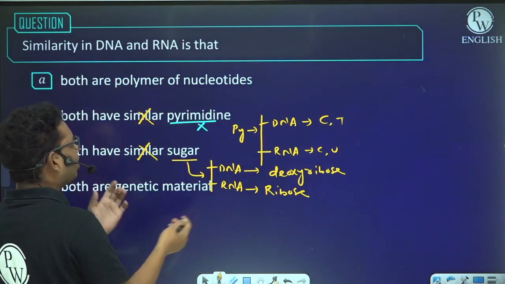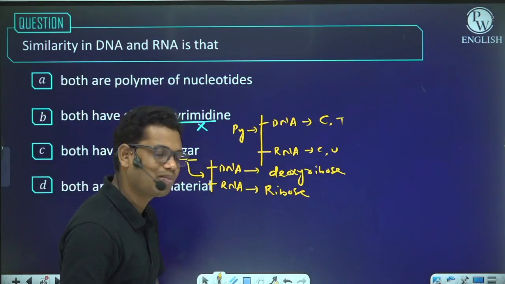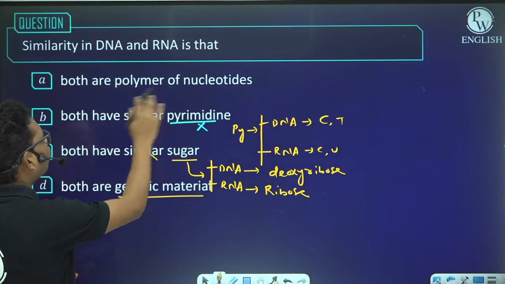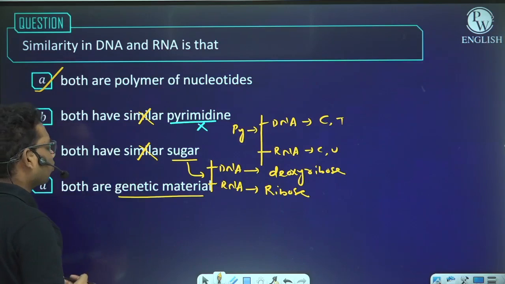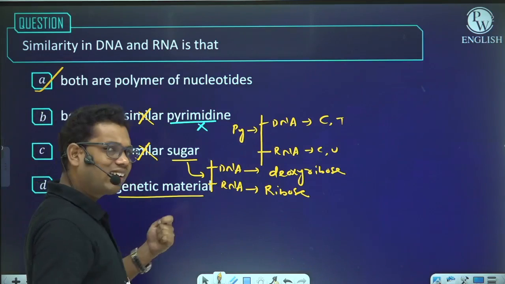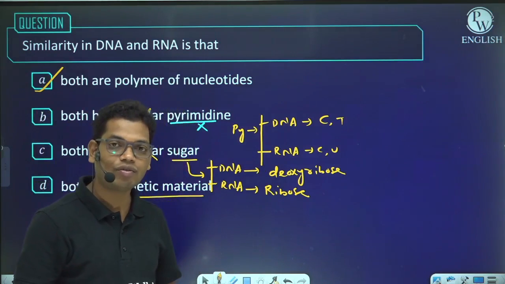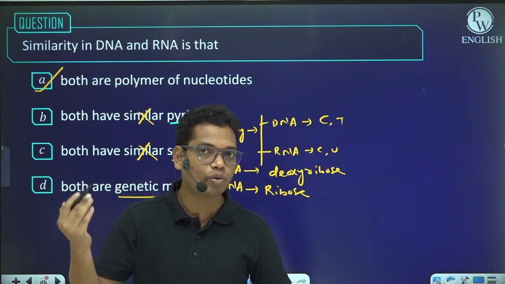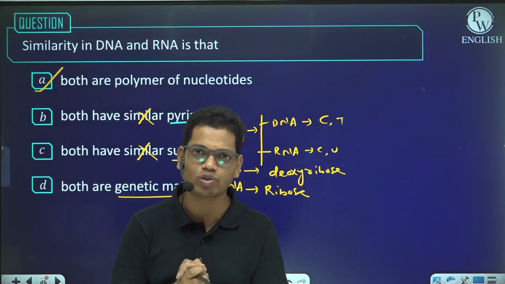No. In normal cases, when we talk about organisms, we talk about cellular organisms, and in cellular organisms the genetic material is DNA, not RNA. Both are polymers of nucleotides, yes, so I will say A. RNA can also be genetic material, but in RNA viruses and viroids. Whenever we think about organisms, we have to think with respect to cellular organisms, and in all cellular organisms the genetic material is always double-stranded DNA.